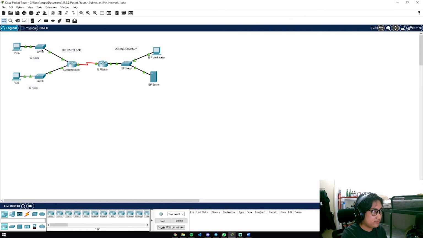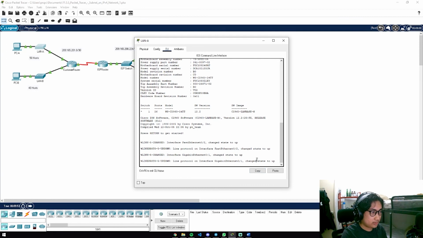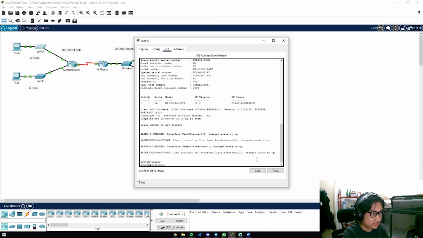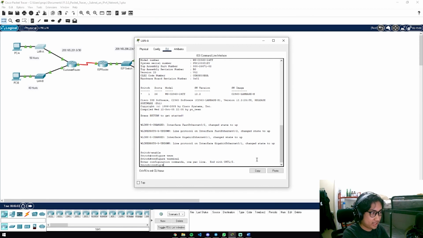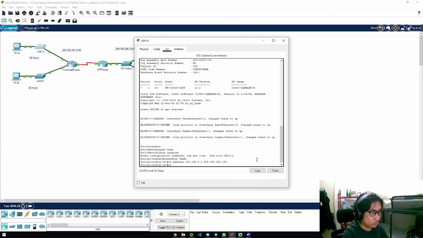So we first start with LAN A, and we open up the CLI again, of course, and we type in enable, and then configure terminal, and then we type in interface VLAN 1 because we are going to configure the VLAN port. And over here we put in the IP address, which is 192.168.0.2, 255.255.255.192. No shutdown.